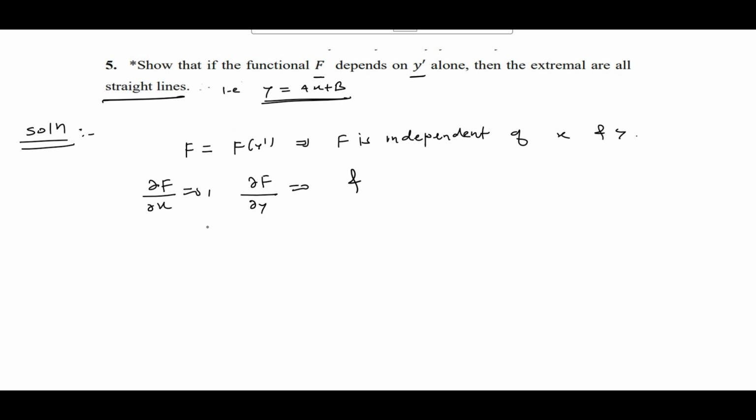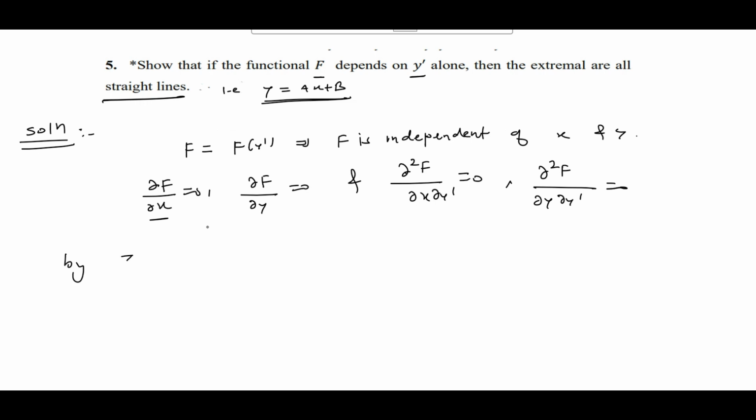And from here, if I differentiate this function with respect to y dash, then del square f over del x del y dash again will be 0. And if we differentiate the second with respect to y dash, it becomes again 0.